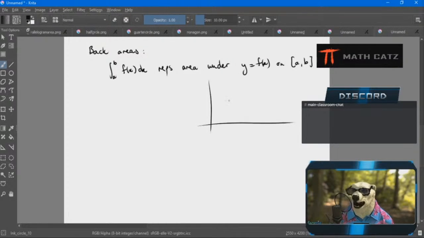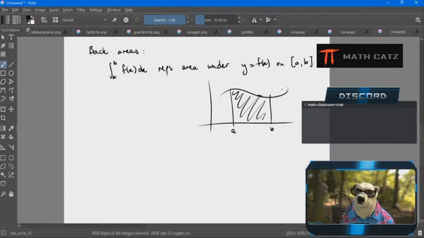And we visualize it, a to b. There is my function, good times to come.